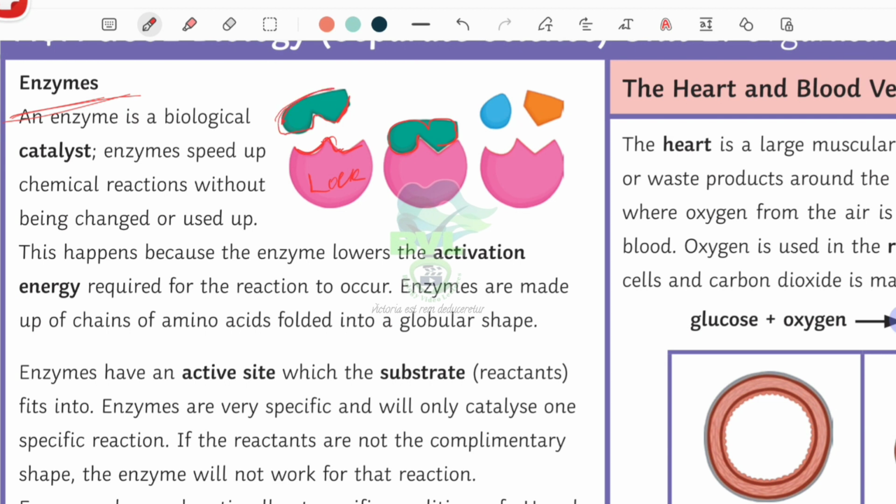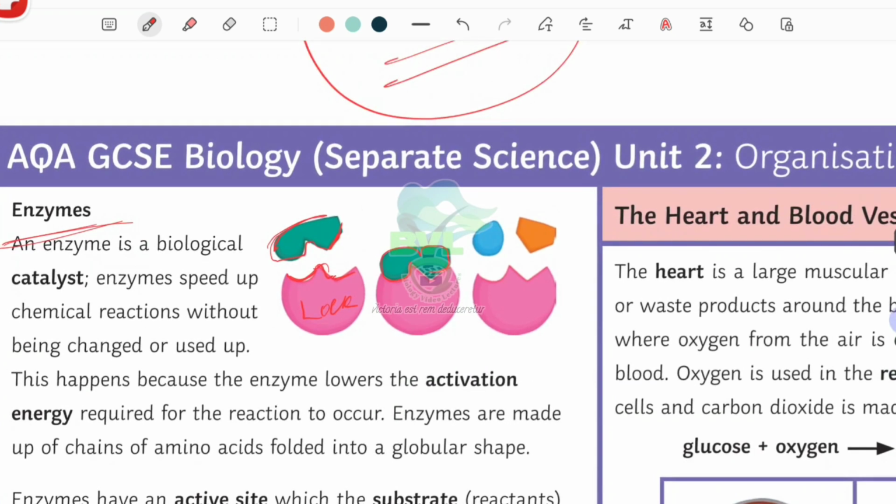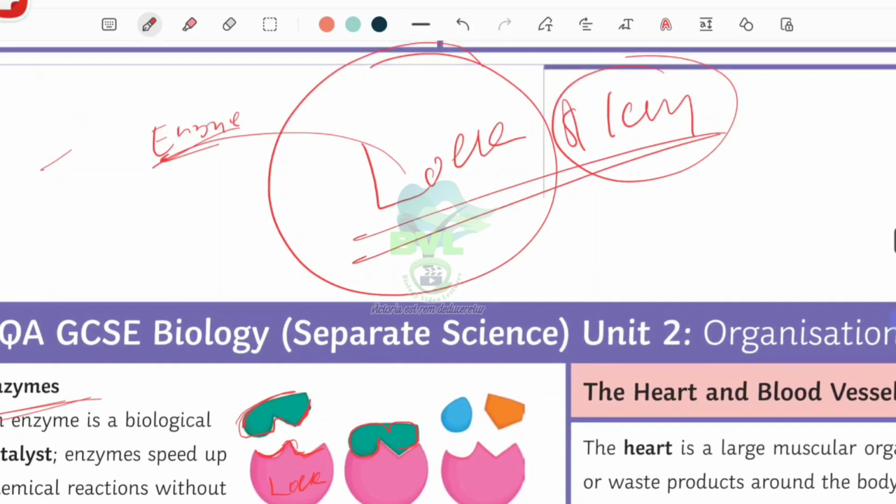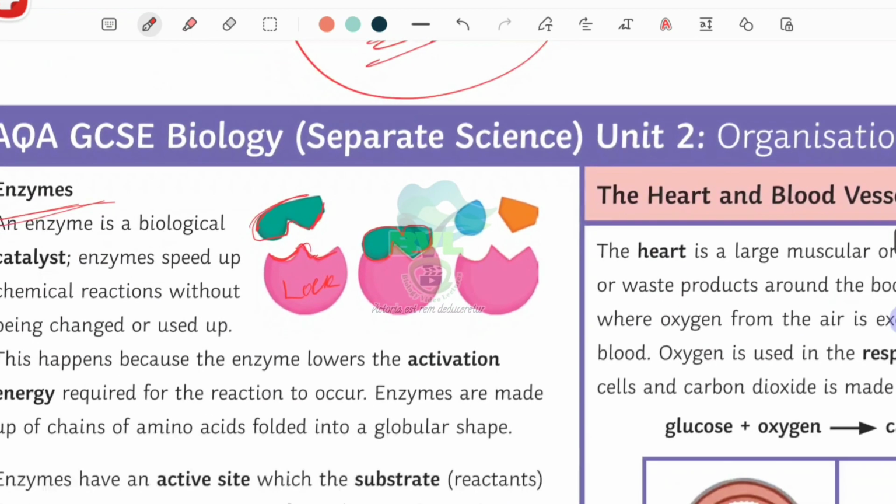The reason that model is used is to show you that enzymes are basically meant to fit the way a key can easily fit into a particular lock. That's how they are. Based on the lock and key model, you should know that enzymes have a 3D shape, and they have an active site which is specific to a substrate.